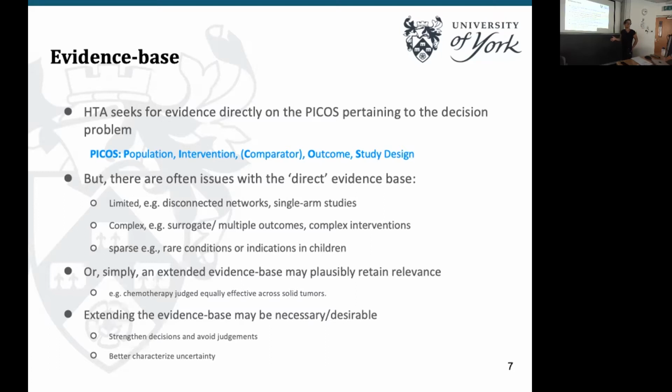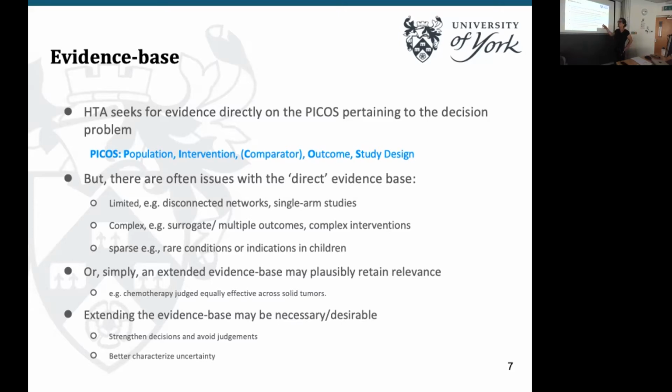So that means there's typically one single RCT, and that RCT often presents issues. So you might see, for example, limited evidence in the sense that that RCT doesn't connect well with the comparators in terms of a network of evidence. The RCT might be single arm, so have problems of not being comparative.